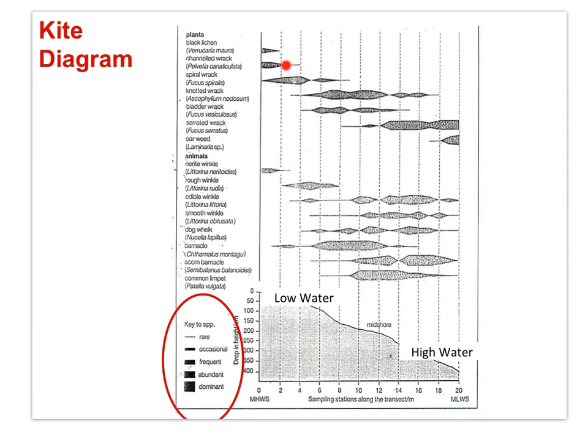Channeled wrack is found in relatively high abundance in dry conditions, high up on the rocky shoreline, but not found at all in the wet conditions, low on the rocky shoreline. Oarweed is found in relatively low abundance in the dry conditions, high up on the rocky shoreline, but found in high abundance in the wet conditions, low on the rocky shoreline.